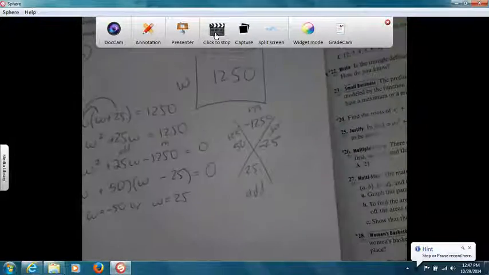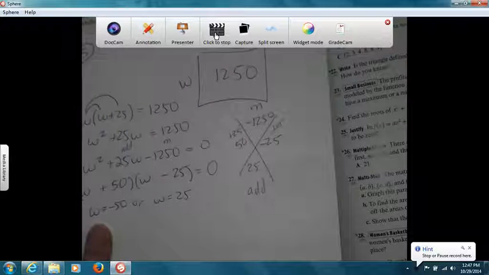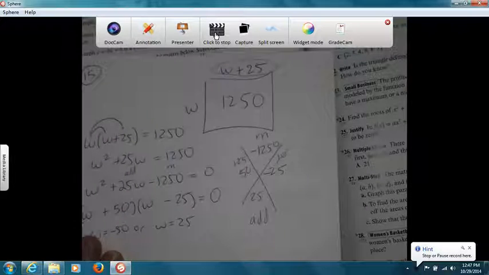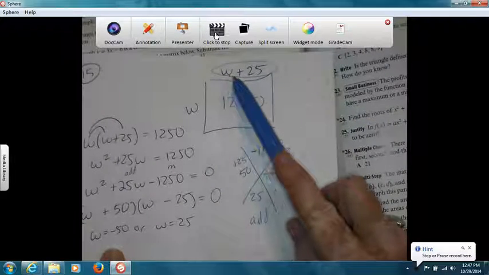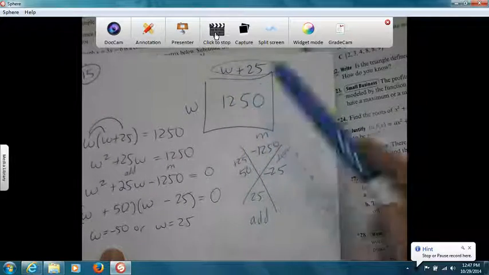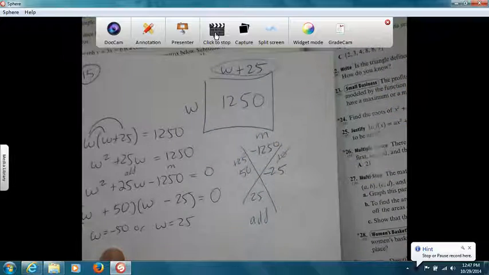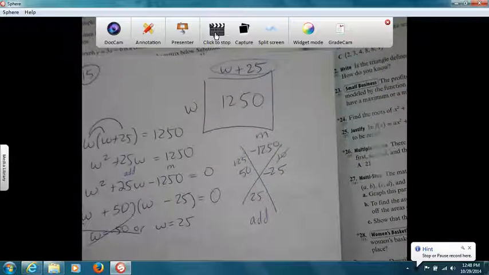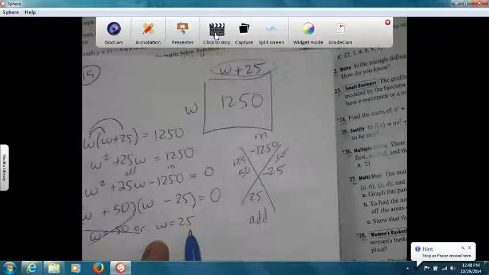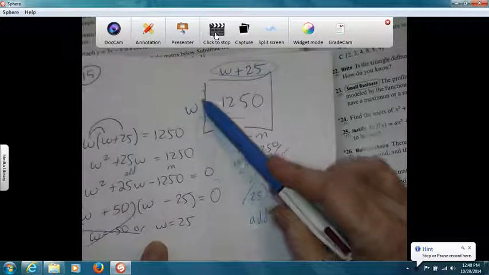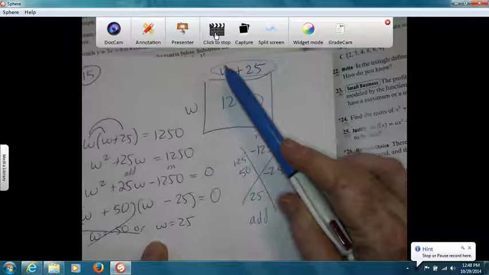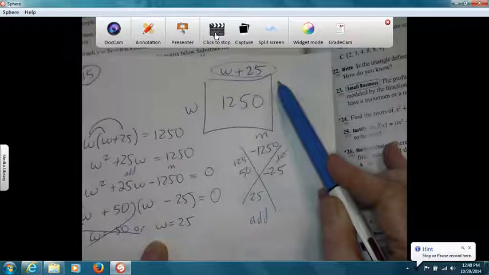Okay, so if I use the negative 50 and plug it into my actual picture of a pool, if I put negative 50 right there and add 25 to it, I'm going to get a negative side. So throw that one away into the trash can, and you just use this one. If I plug it in right there, I get 25 is my width, 50 is my length, because 25 plus 25.